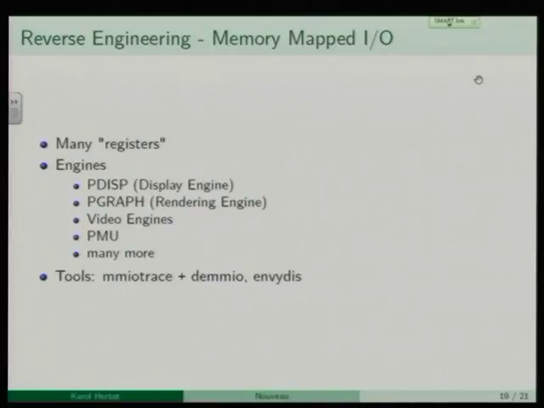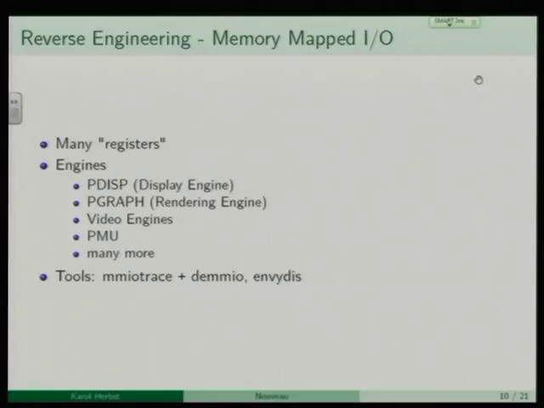So now the more interesting thing, memory mapped I/O. Memory mapped I/O is the idea that you have a set of registers on your device, which are quite a lot, and with memory mapped I/O, it just looks like some memory you have in your application.